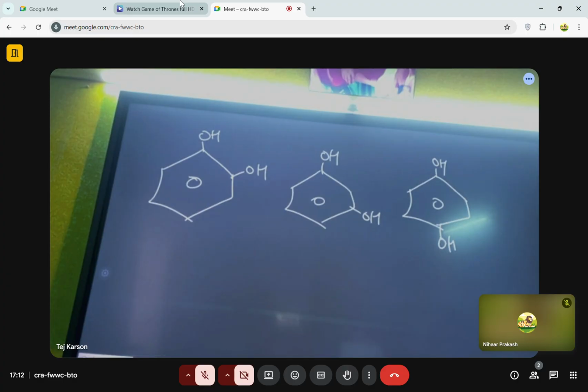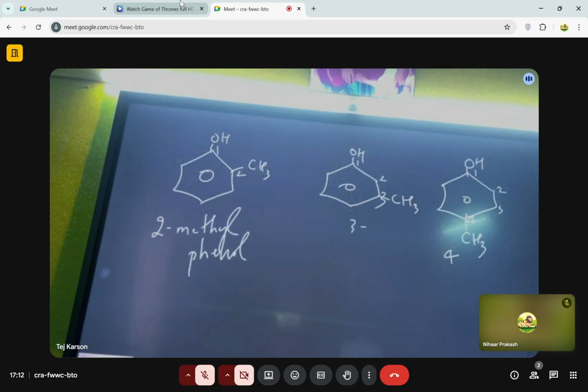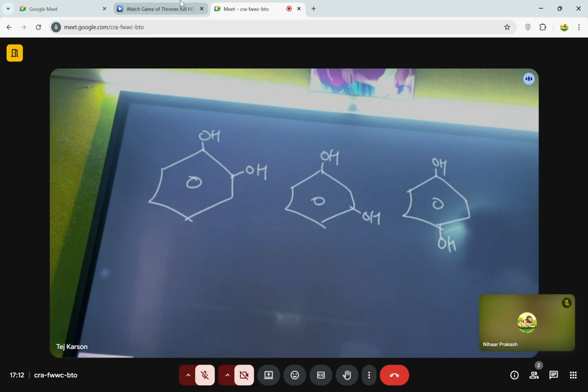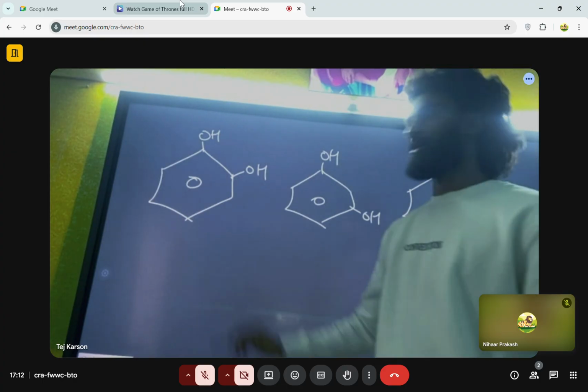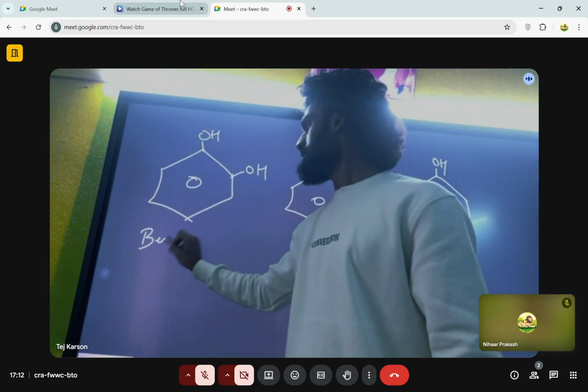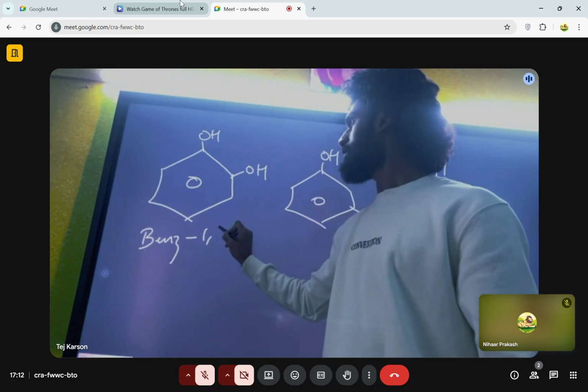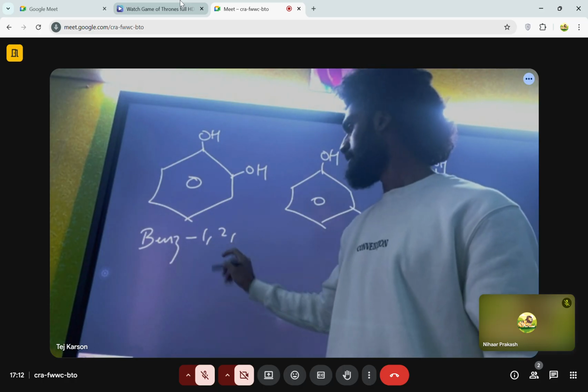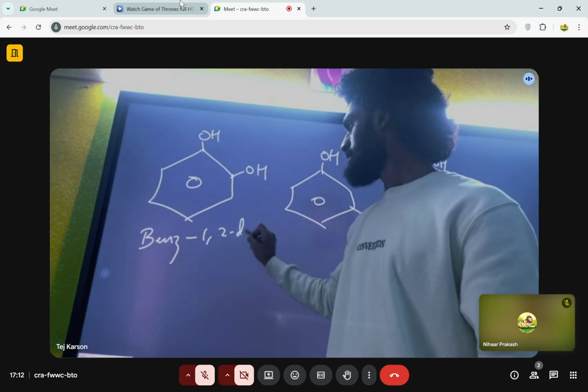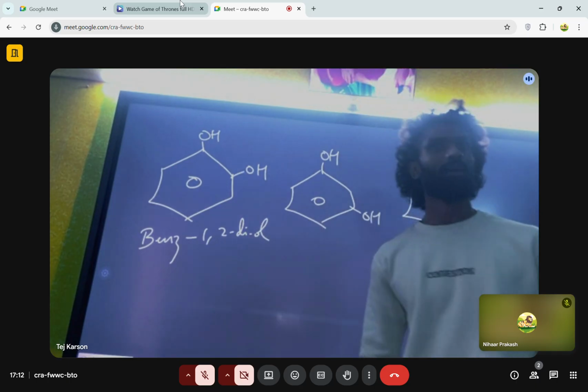No. Benzene 1,2 diol. Here you can't use the common name, here you can. So for this we have to use the IUPAC name. Benzene 1,2 diol.